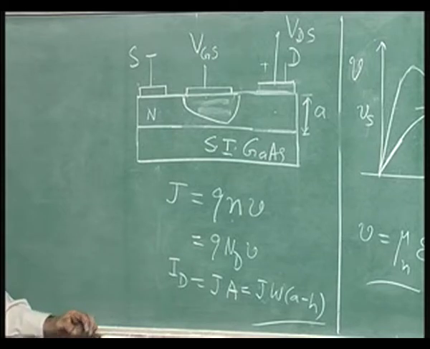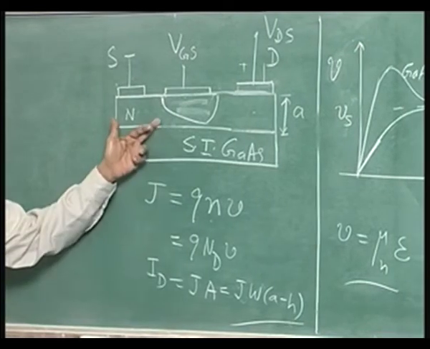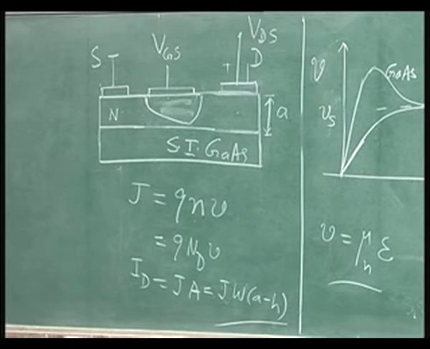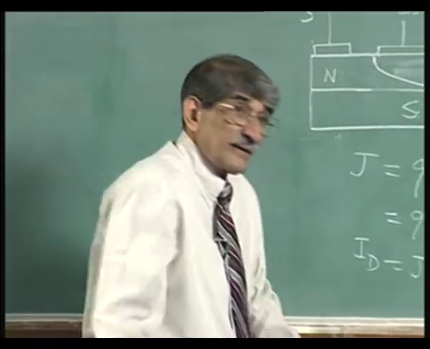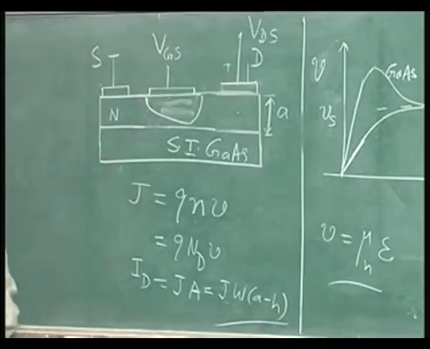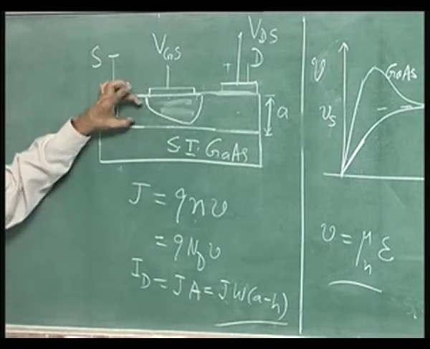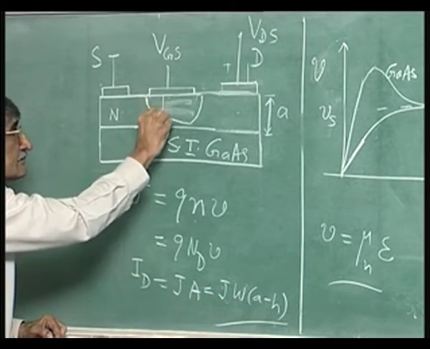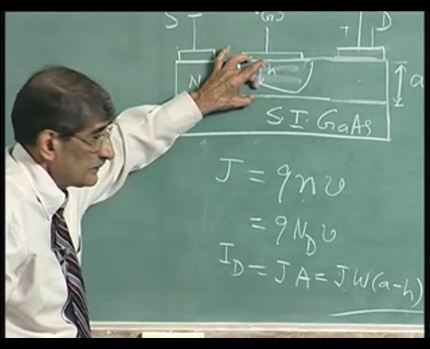Now, you can see this total current is constant. After all, there should be current continuity through the device. Any cross section you take, the current cannot just become more in one place and less in another place. Current density could change. In the last lecture we were discussing some of those things. If the current is constant here, the current density depends on this a minus h.